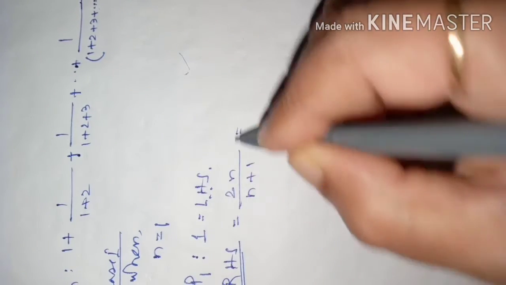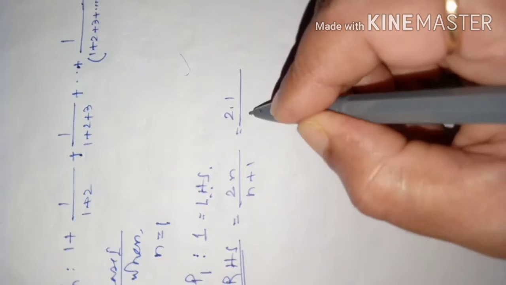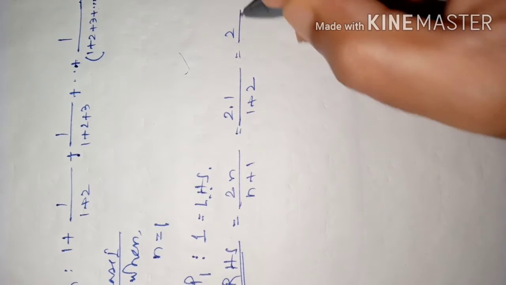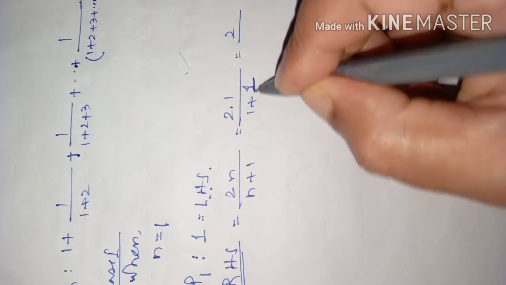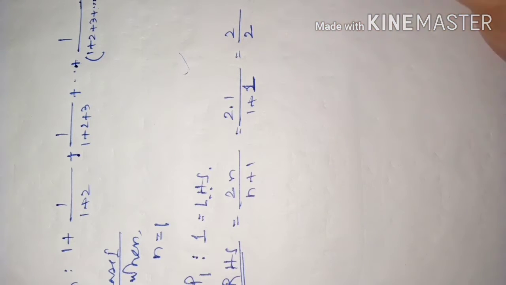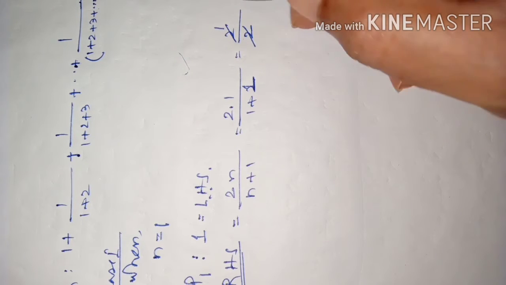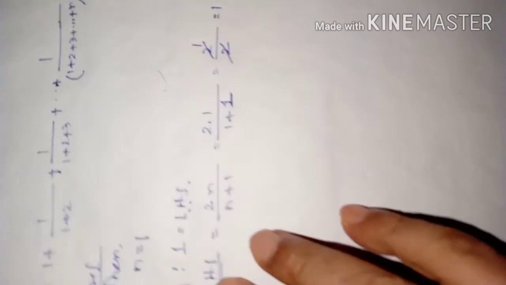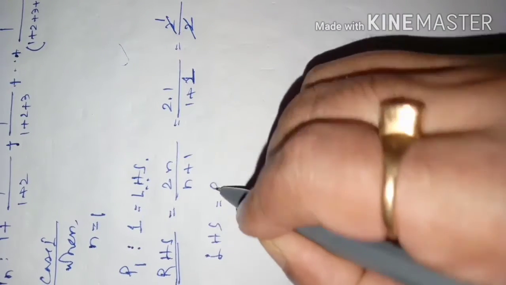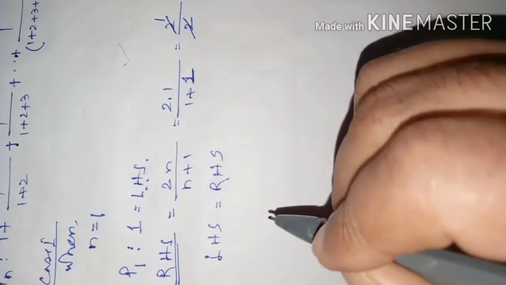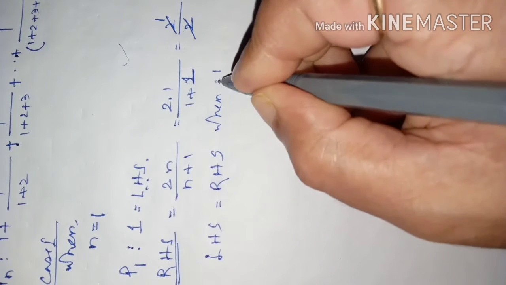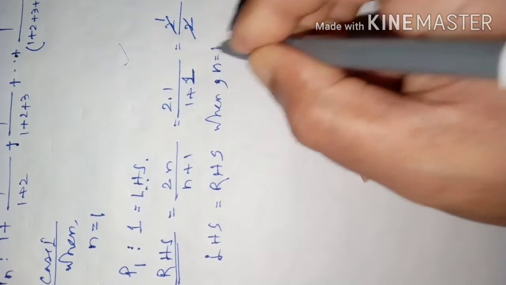If you put 1, it will be 2 into 1 by 1 plus 1, that is 2 by 2, which is 1. So left hand side is equal to right hand side when n is equal to 1.